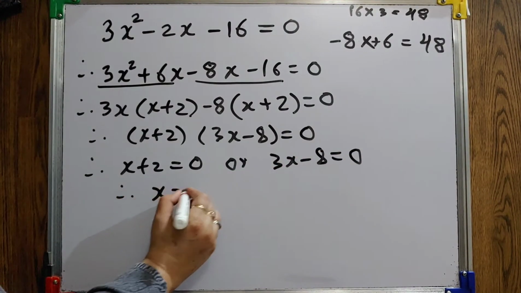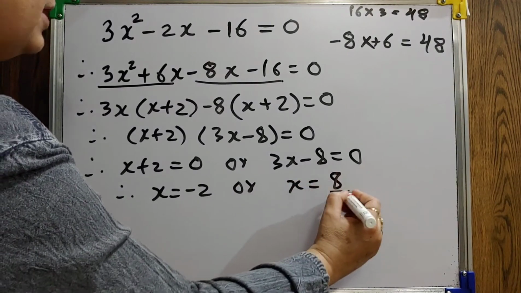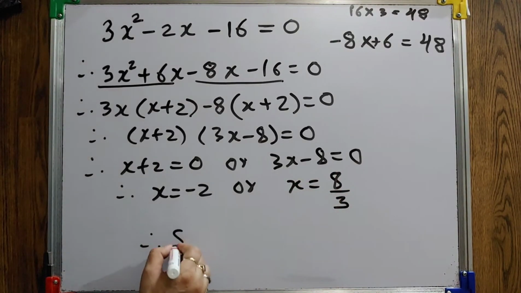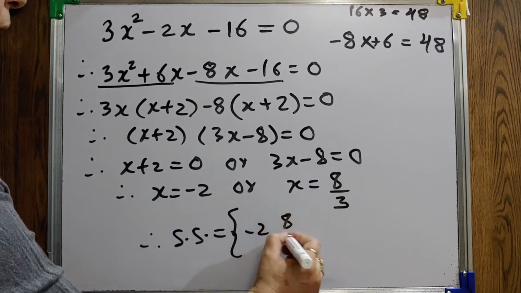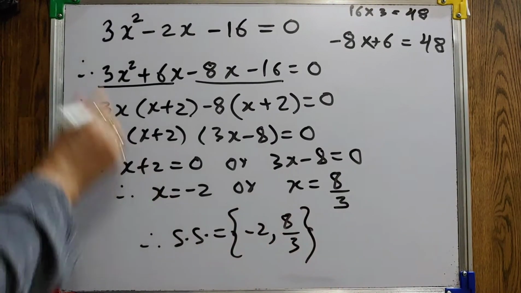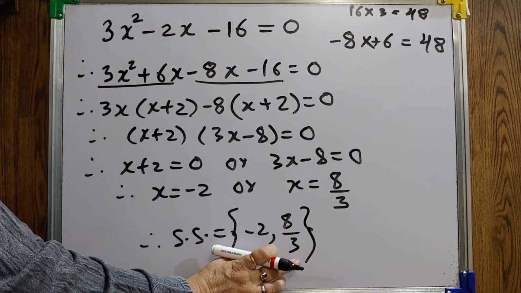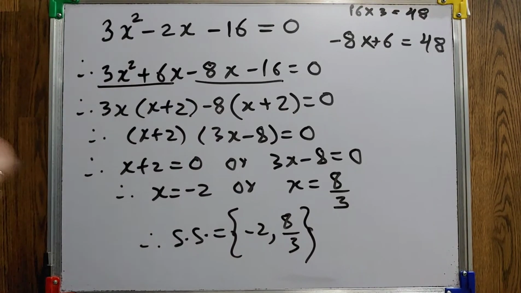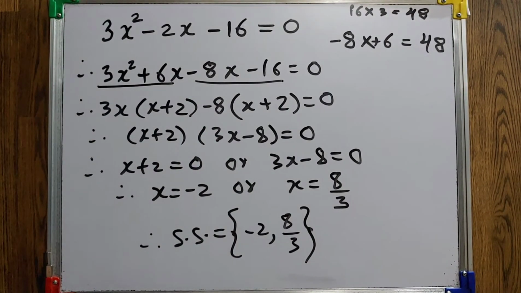So your x is minus 2 or your x is 8 by 3. So your solution set is minus 2 and 8 by 3. Already I told when the value of a is other than 1, at least one factor is in fraction. That means sometimes you will get both the factors in fraction.